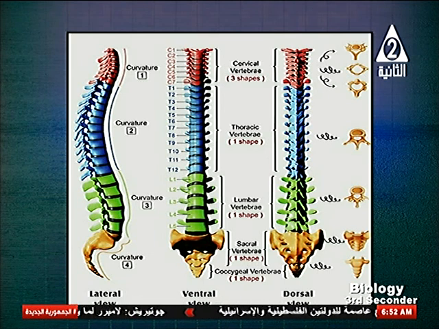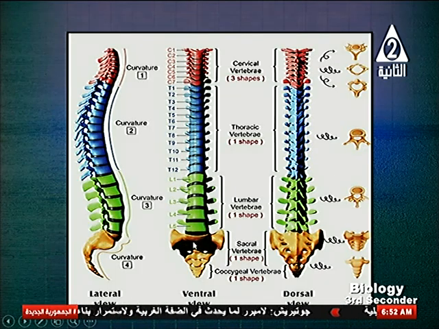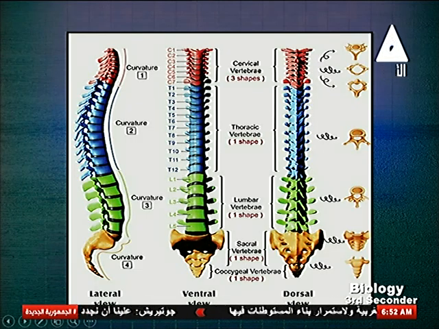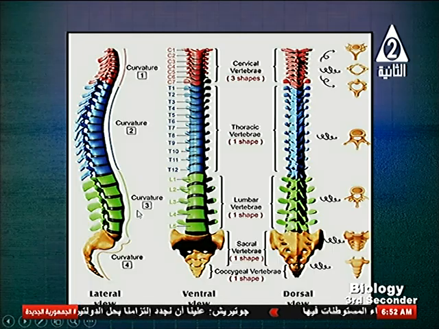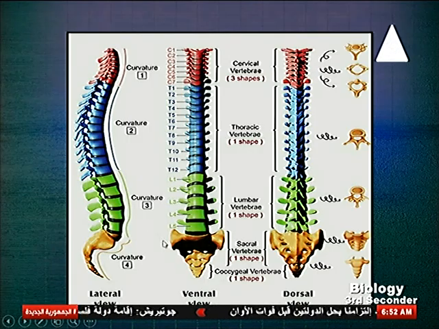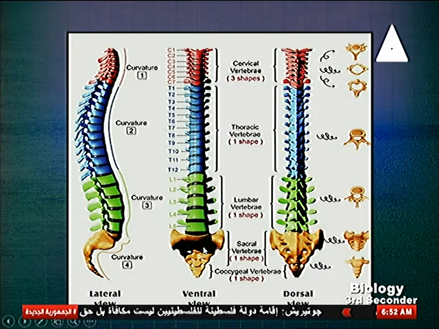Sacral vertebra are located between the 2 bones of the pelvic girdle, present in the pelvic region. Again, sacral vertebra are present in the pelvic region. It forms a broad and flat bone, consisting of 5 fused bones.